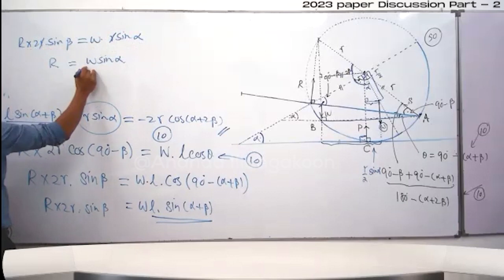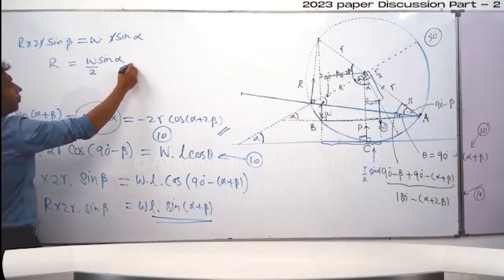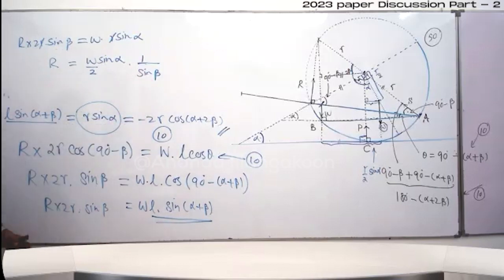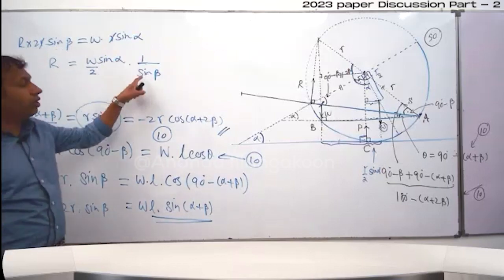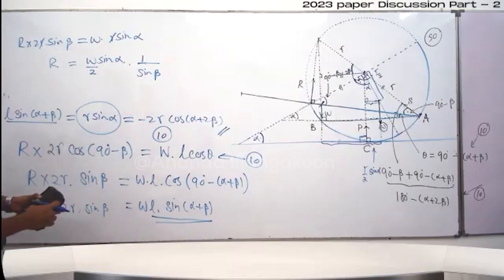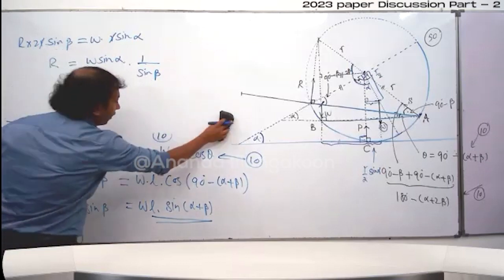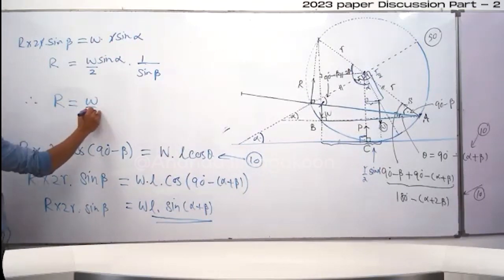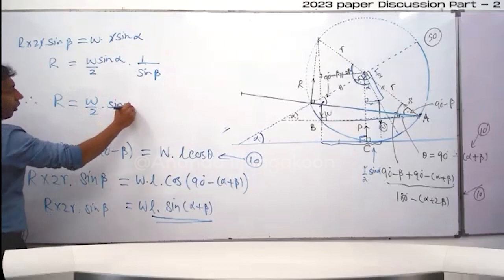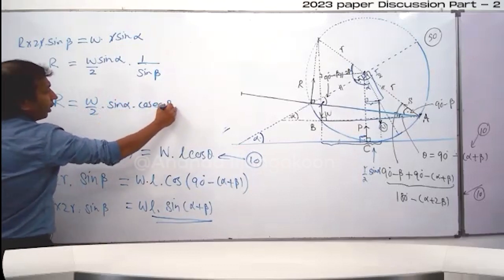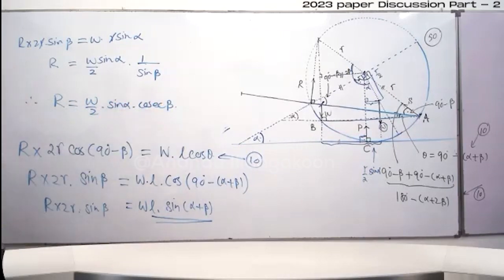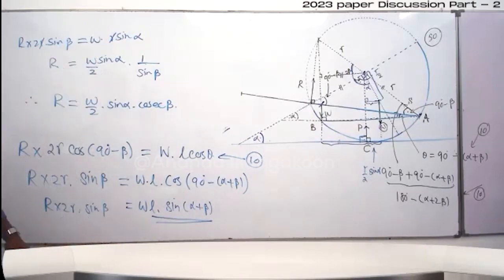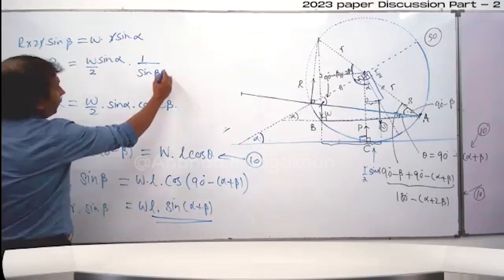Sin beta comes to the right hand side as 1 upon sin beta, which means cosec beta. Therefore, capital R is equal to W by 2 sin alpha into cosec beta. Then we get another 10 marks for this answer.